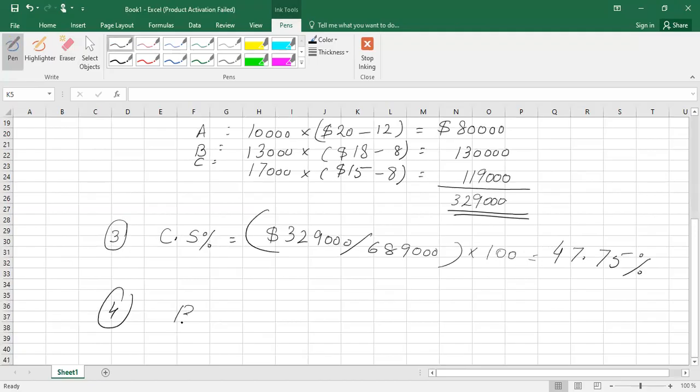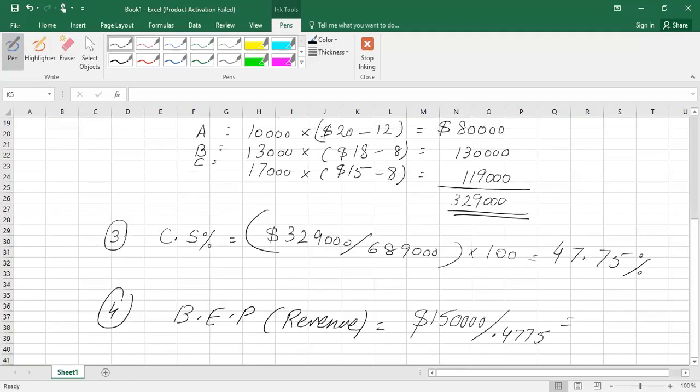Now we will calculate what? We will calculate break-even point revenue. It is the break-even point revenue of the company. Suppose we assume that fixed cost is $150,000 and it is divided by CS ratio, which we studied a few minutes ago.